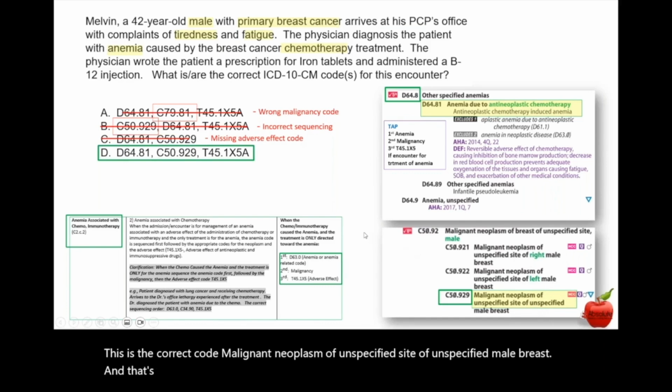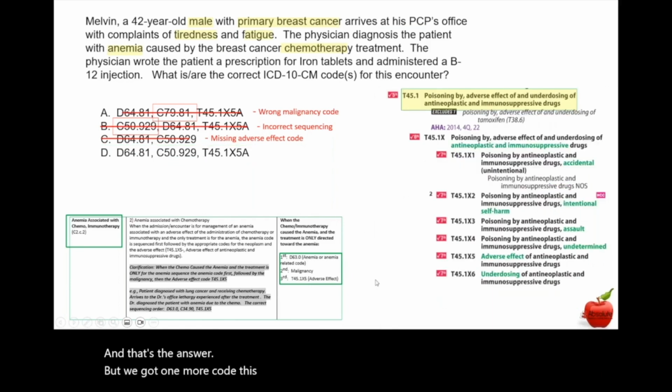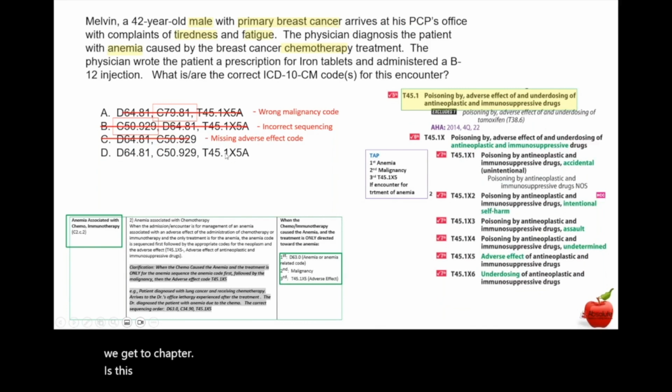And that's the answer. But we got one more code, this adverse effects code, and you'll learn about adverse effects when we get to chapter 19. I would also tap the sequencing order next to the adverse effects code.